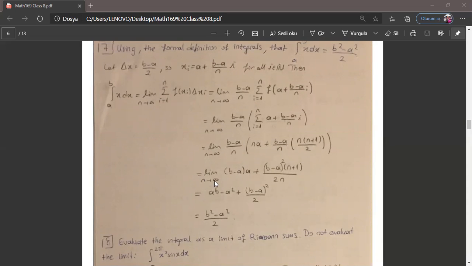When n is approaching infinity, here we have some constant number, it does not depend on n, that's why we have the same, okay. And this is dependent on n, so we take the limit of that and get this value. And finally, we make some computation and get this as in the right-hand side of the equality. So we started with this one and showed that.